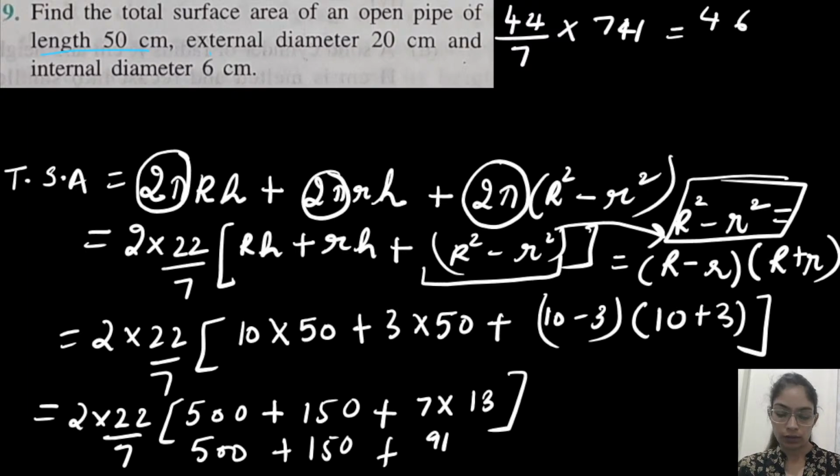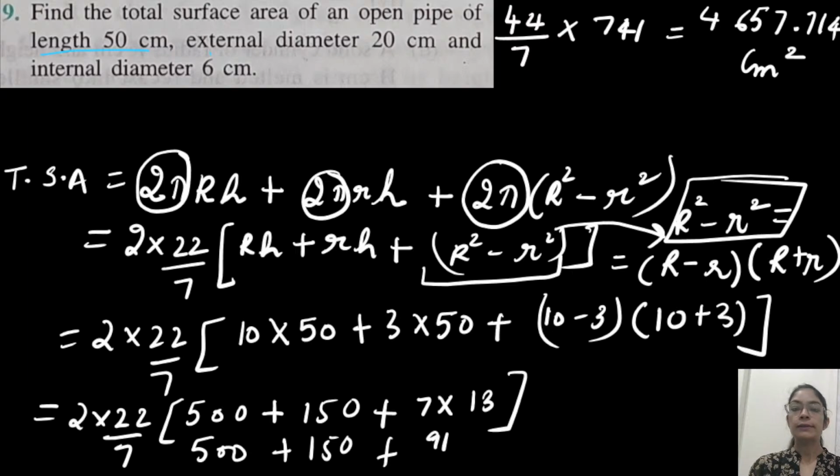This is 4657.714. Because we were finding the area, it is centimeter square. So 4657.714 centimeter square is the answer of this question.